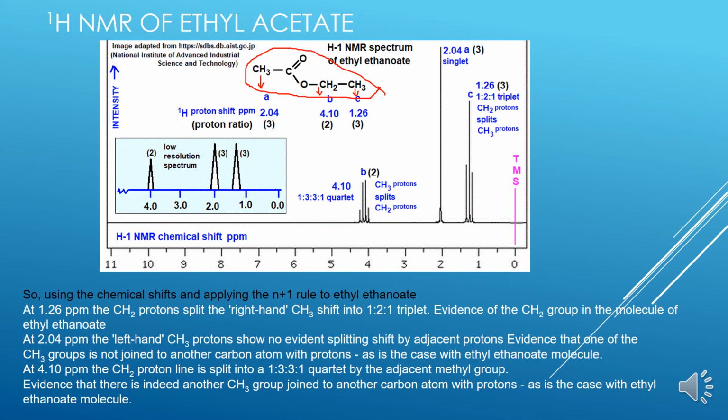Suppose we go through the low resolution NMR spectrum; it gives simply 3 peaks for these protons. In low resolution, the splitting will not be resolved, so we get three simple peaks.